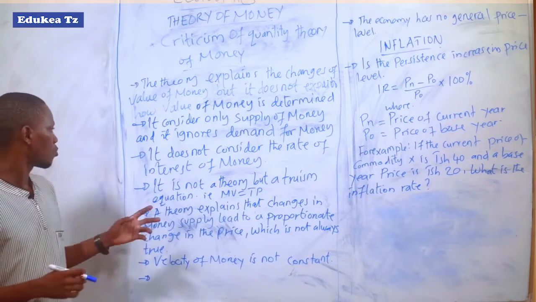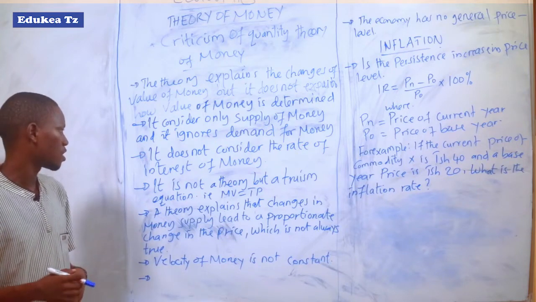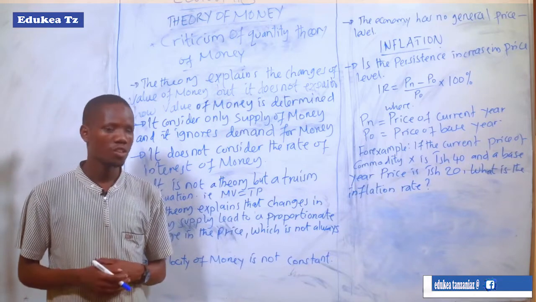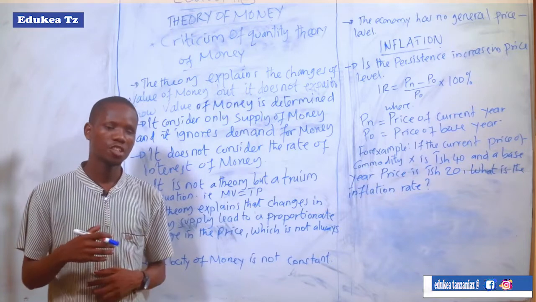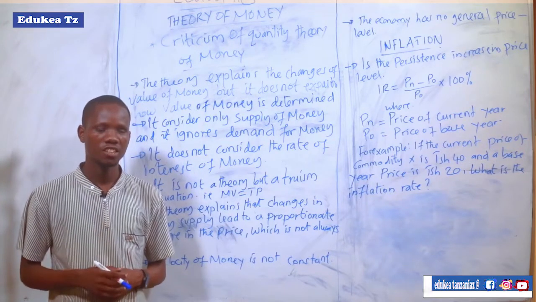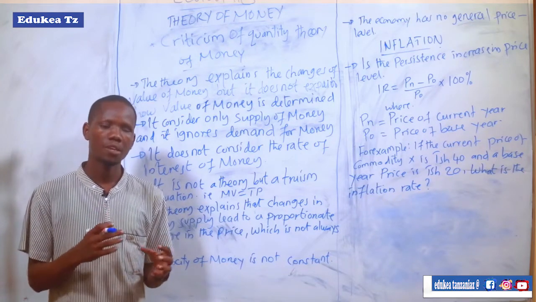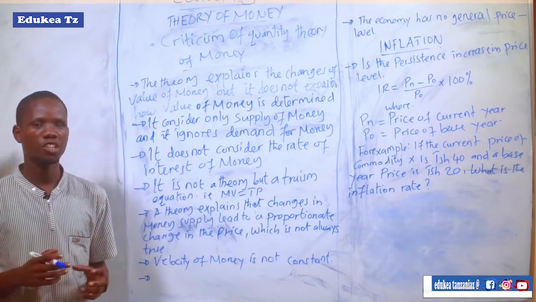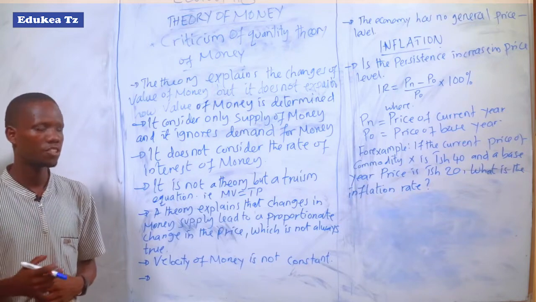Another criticism of this theory is that it does not consider the rate of interest. Not only supply of money can affect the value of money in the economy, but also the interest rate, due to its impact on different economic activities by people, especially entrepreneurship activities.